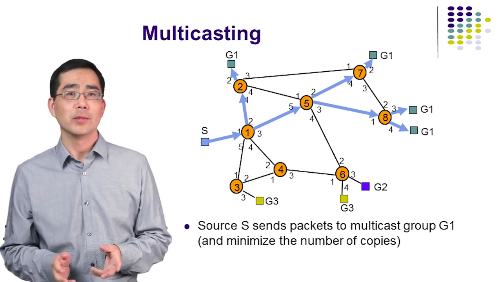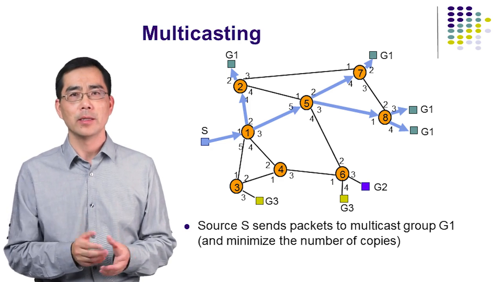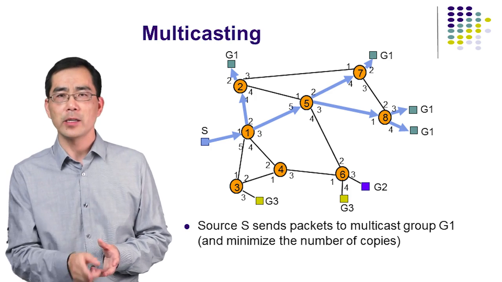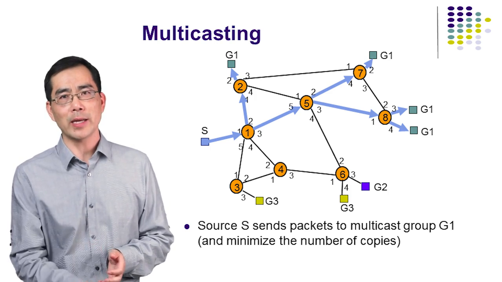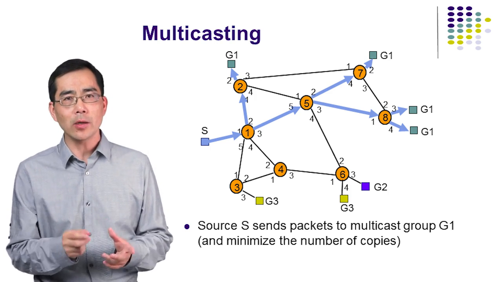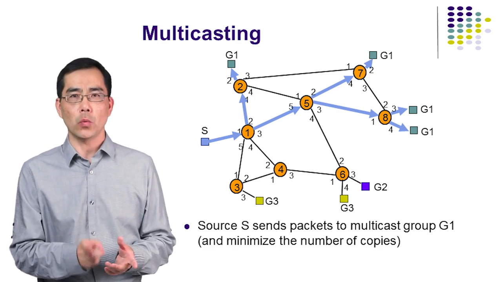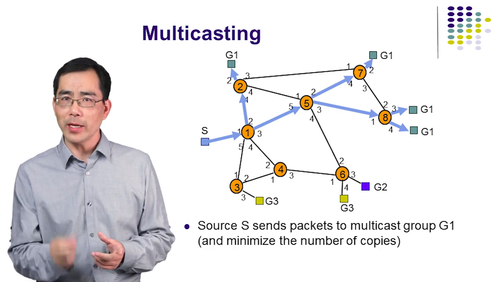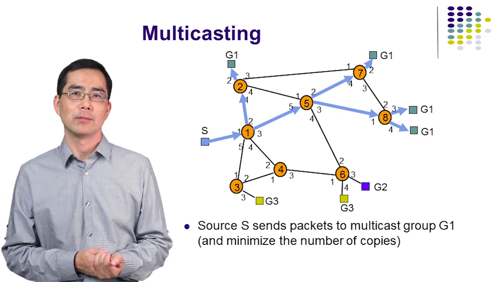For example, when router 1 receives a packet from the source, it copies the packet to routers 2 and 5 simultaneously. Upon receipt of these packets, router 2 forwards the packets to its local network, and router 5 copies the packets to routers 7 and 8. The packets will eventually be received by each intended destination.